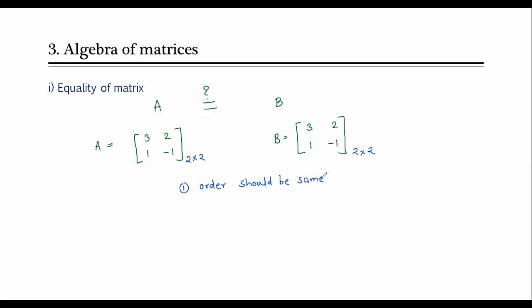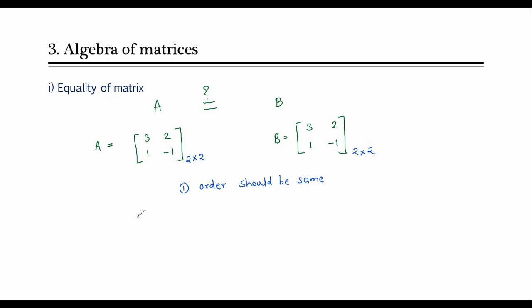Okay. Now what is the second condition? Now observe one thing. If you observe the elements, what are the elements of matrix A? 3, 2, 1, minus 1. What are the elements of matrix B? 3, 2, 1, minus 1. Now, what is the position of 3? If someone asks you, what is the position of element 3?